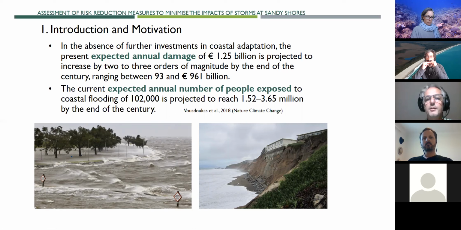Of course, these values are without any sort of adaptation. I don't think they will happen, in fact, because we'll need to do adaptation and we'll need to do some sort of coastal management, of course, to avoid these values being true by the end.